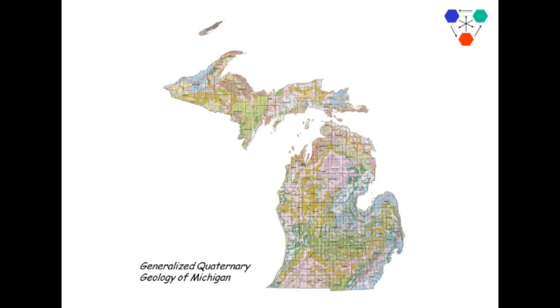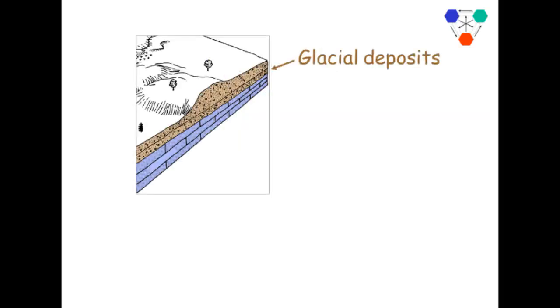Now here in Michigan, we live on top of a complex group of sediments that were deposited by glaciers. Get that in your notes. Now the question is, what kind of rocks will these sediments become? We'll talk in more detail about glaciers, but let's just talk about some glacial basics.